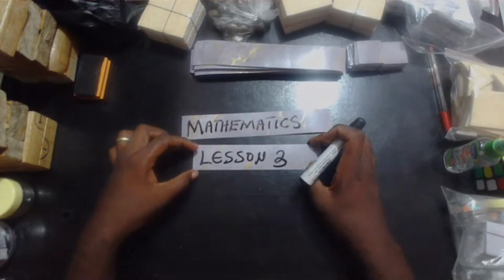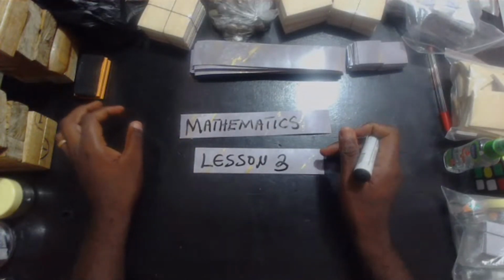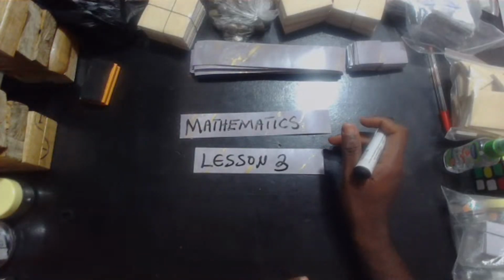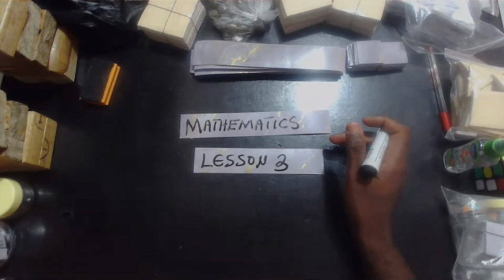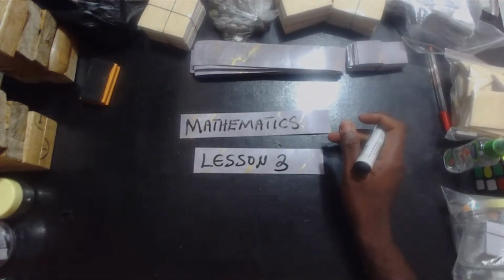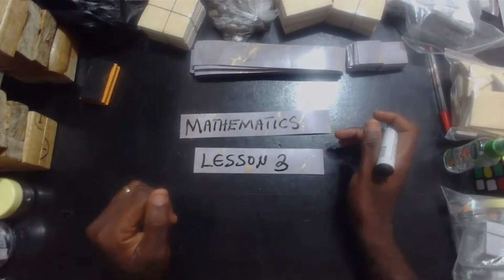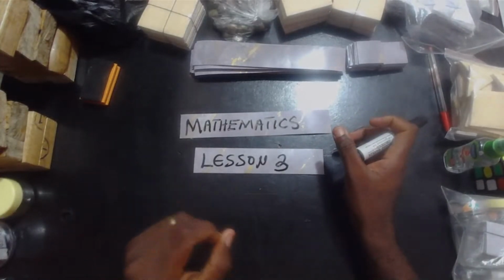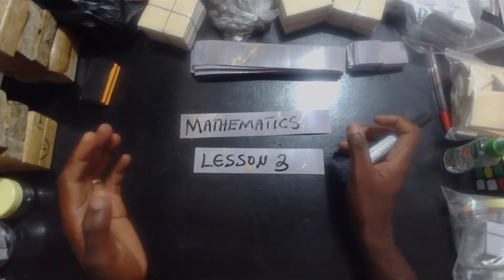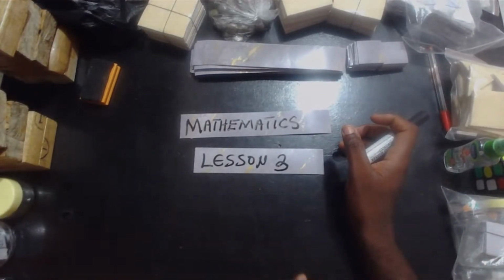We're back to lesson 3 of mathematics for Form 1, and we are going to look at a few interesting things. The strand is numbers for everyday life, the substrand is real number and numeration systems.